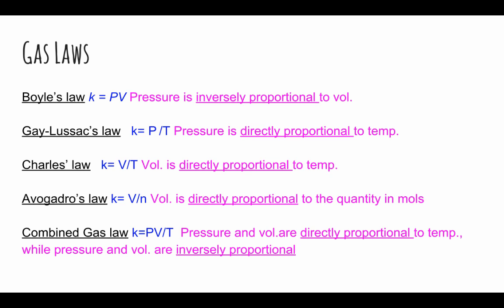The combined gas law, proportionally, pressure and volume is divided by temperature. So pressure and volume are directly proportional to temperature, while pressure and volume are inversely proportional to each other. So you combine all three, Boyle's law, Gay-Lussac's law, and Charles' law together to get a combined gas law.